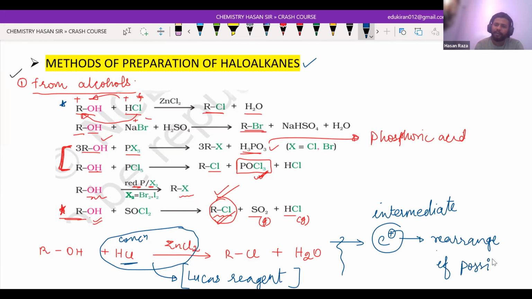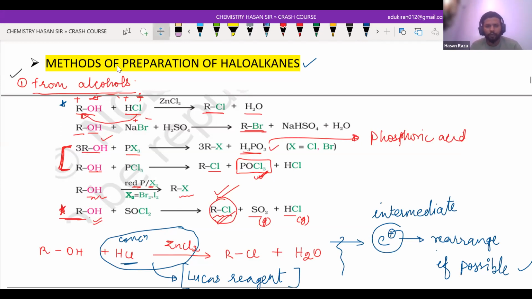Does anyone have any doubt in rearrangement? Can you do rearrangement easily or not? Krishna, Marita, yes, sir. Okay, Adriel, yes, sir. Adit. Okay. Is ring expansion also included in this?